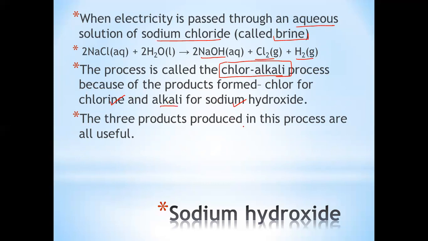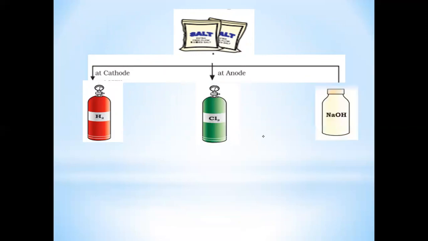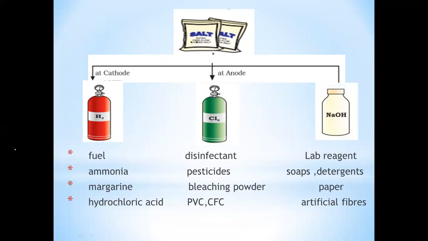Three products produced in this process are useful: sodium hydroxide solution, hydrogen gas, and Cl2 gas. Hydrogen at cathode, Cl2 at anode, and sodium hydroxide in solution.